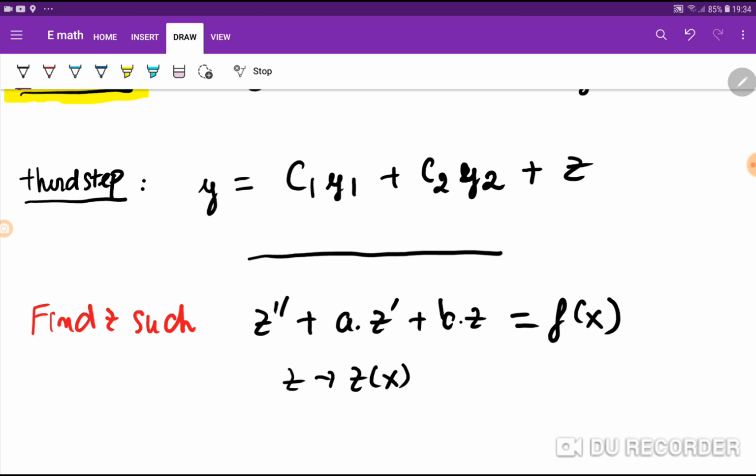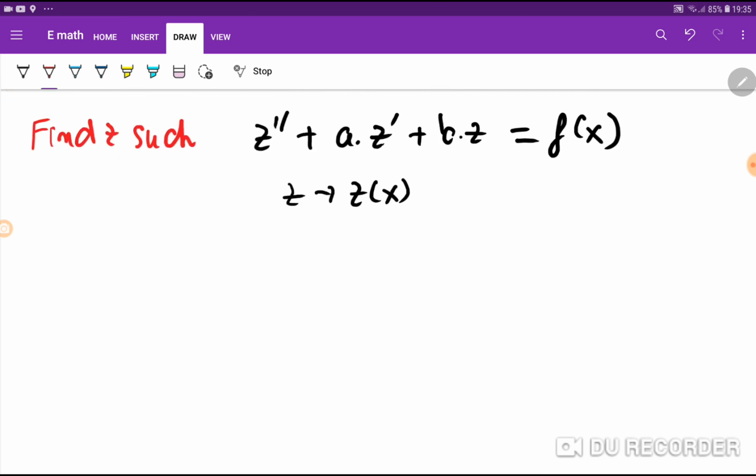In the mind of the founding father or founding mother of engineering math, they come up with an ansatz.